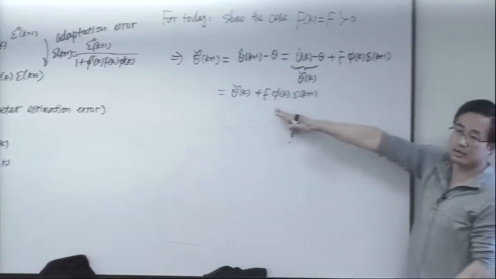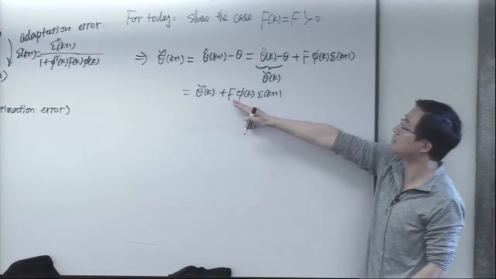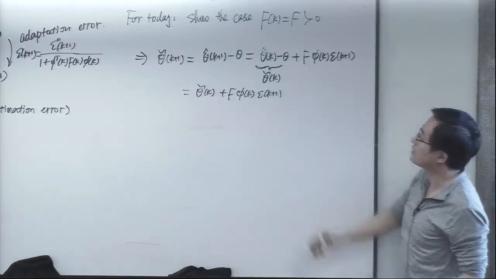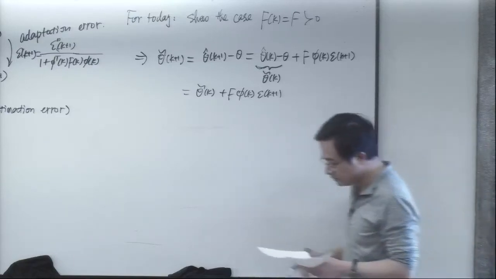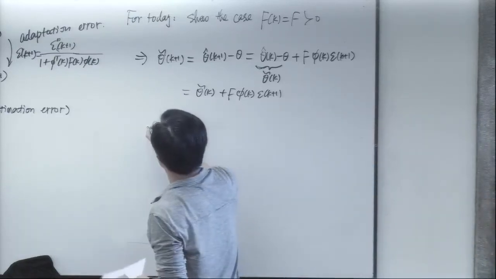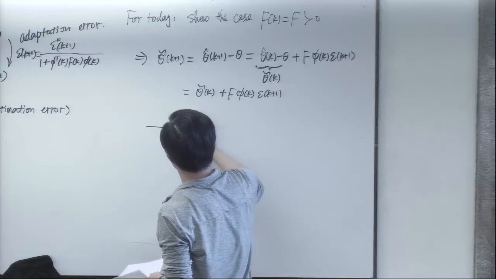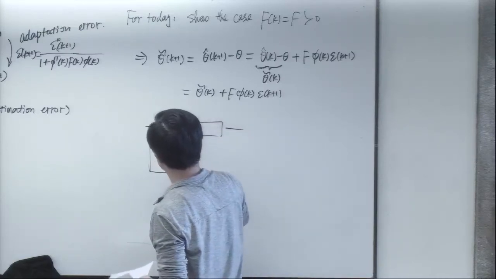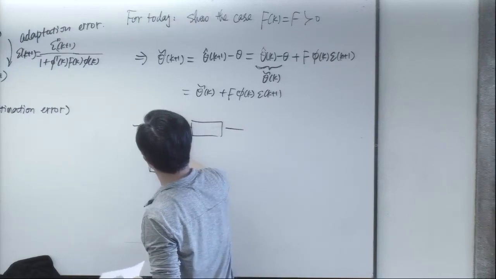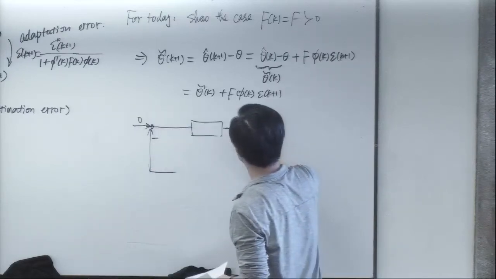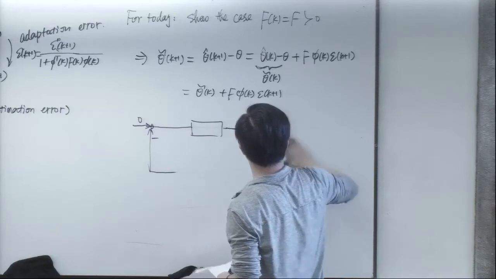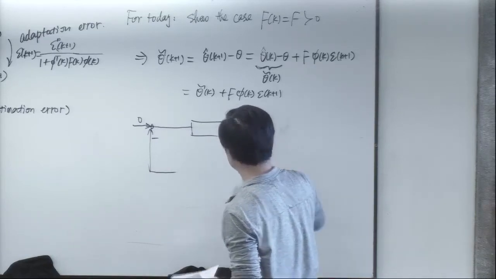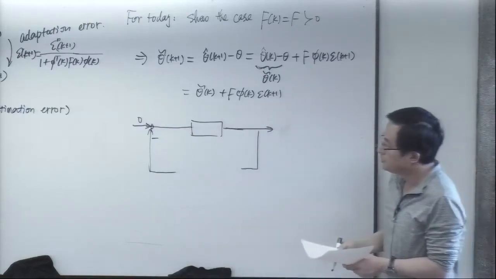And we are using a constant adaptation gain again. So this is f without the k index. We're going to now draw this linear and nonlinear block diagram. All right?